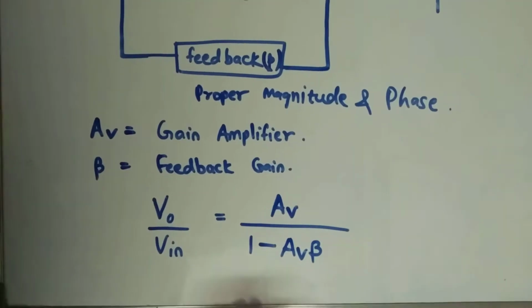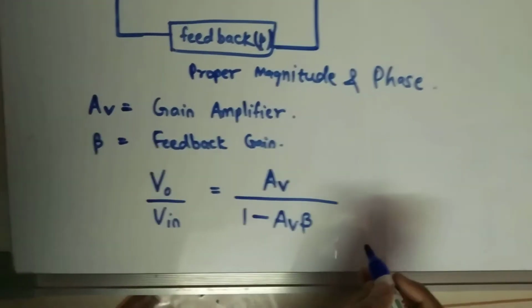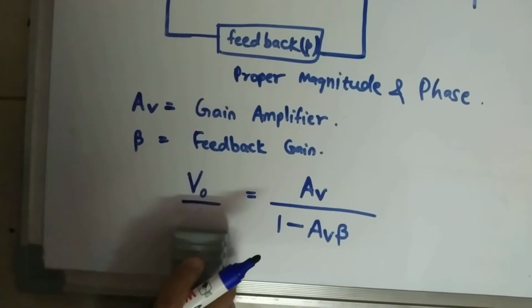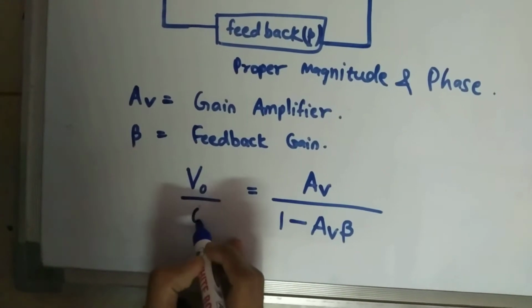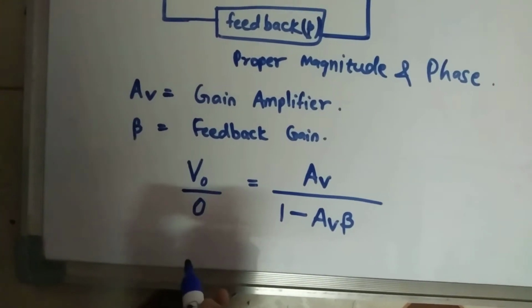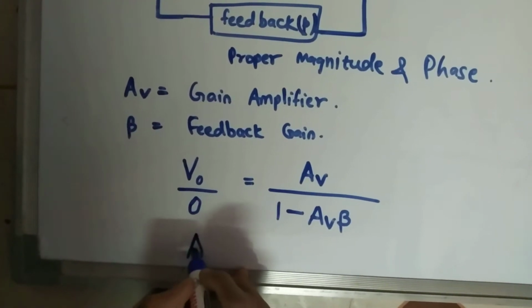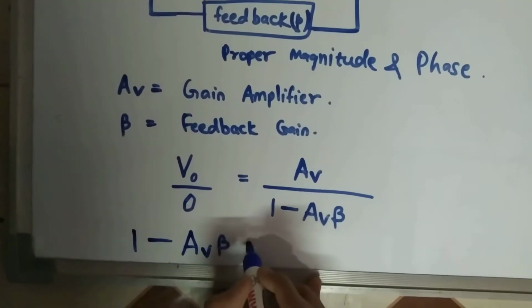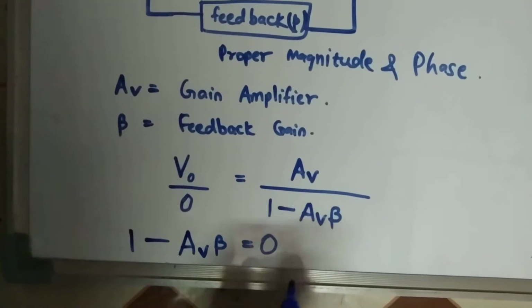If the input is 0, what we get is 1 minus gain of the amplifier into beta is equal to 0.